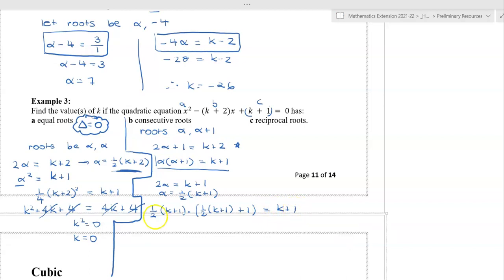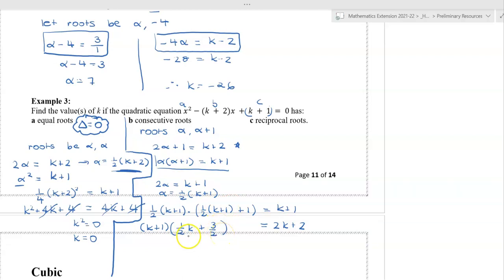Alright, so I might just get rid of the half, so I'll times that to the other side. Being very careful there. And so now I've got k plus 1, and in brackets I've got a half k plus a half plus 1, 3 on 2.